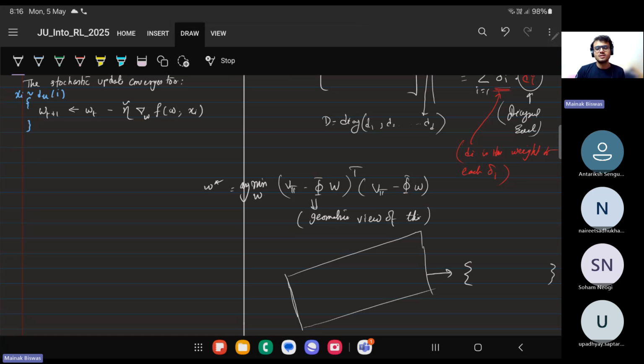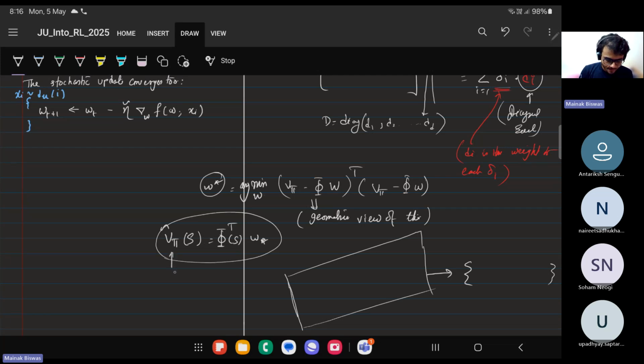After I learn this W star, the predicted V pi would be just phi of S transpose W star. Yes or no? Do you agree? This is the predicted value that you will have once you learn the W star, and this is the actual value.